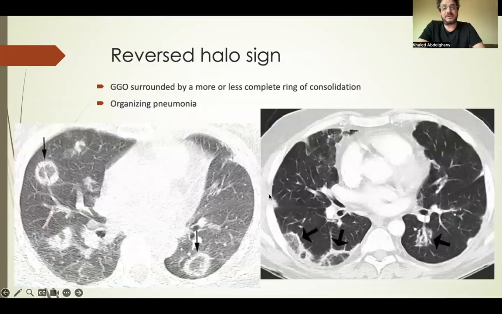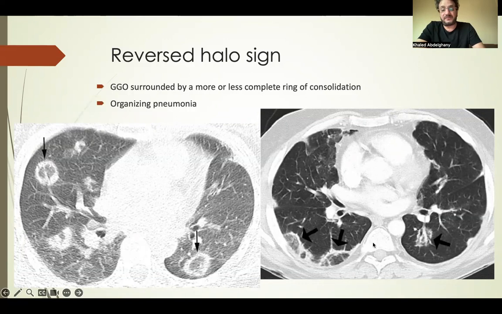Another mimicker is the reversed halo sign, particularly seen at the margin of the lung. Here it's easy to recognize this is a reversed halo sign. But here, if you see interlobular septal thickening and the core of the pulmonary lobule showing ground glass, this is a reversed halo sign, which has a different differential diagnosis compared to interlobular septal thickening.